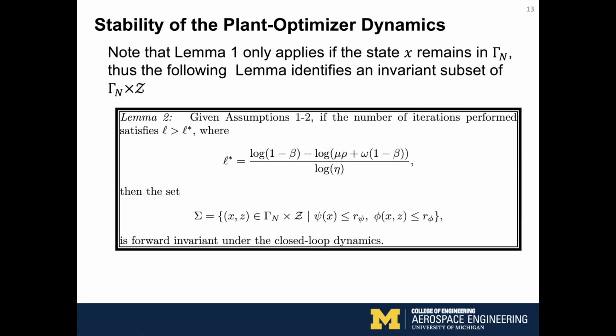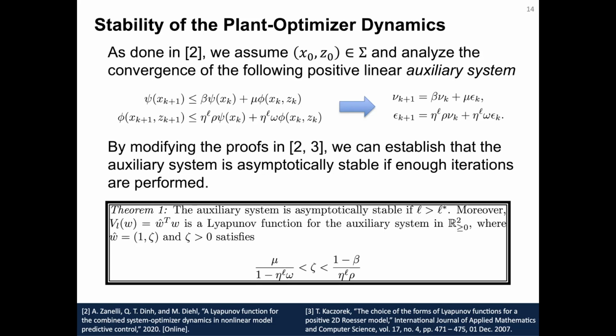So if you perform enough iterations, this set sigma is going to be forward invariant under the time-distributed model predictive control law, where this set sigma is just a Cartesian product of sublevel sets of these functions phi and psi. So if we assume that our initial plant optimizer state starts in this set sigma, then these inequalities that we mentioned previously will hold for all future time.